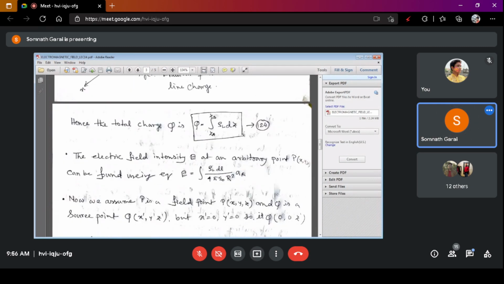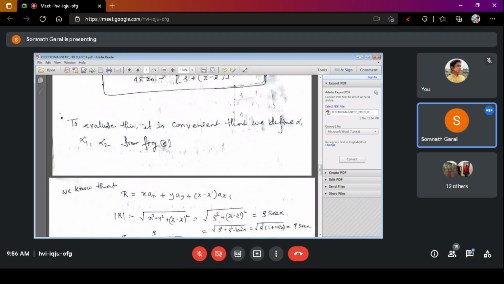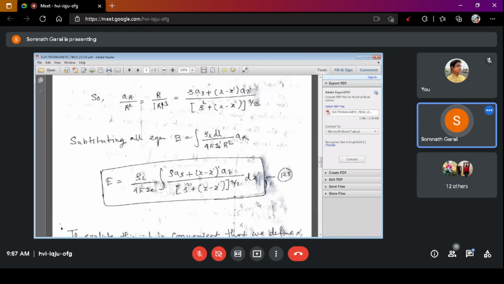Now we convert it into d alpha form. Can you reread the equation? Yes, this equation. Capital E is equal to rho L divided by 4 pi epsilon naught.